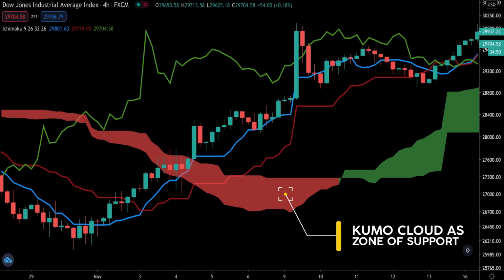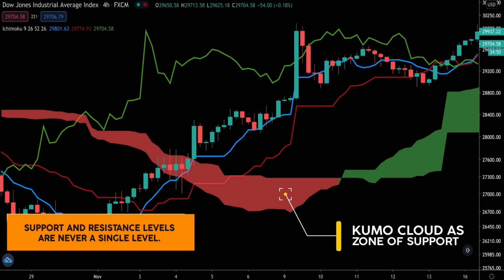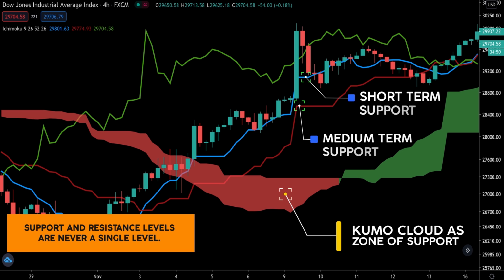And if you are new to this channel, I always stress that support and resistance levels are never a single level. Additionally, the Ichimoku indicator also provides different support and resistance levels for short-term and medium-term trading. In my opinion, this is what makes the Ichimoku really powerful. I will show you how you can use it as short-term and medium-term support and resistance next, so keep watching.